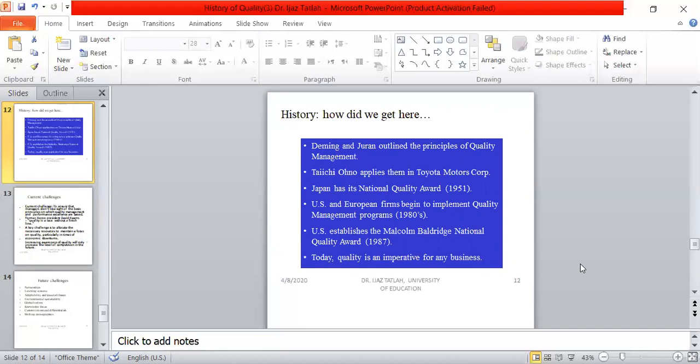United States and European firms began to implement quality management programs in the 1980s, a difference of three decades. The United States established the Malcolm Baldrige National Quality Award in 1987. The reason: they had compromised on quality. They focused on production because post-war there was a need of products. So they met the need. They focused on the quantity. Today, quality is an imperative for any business.